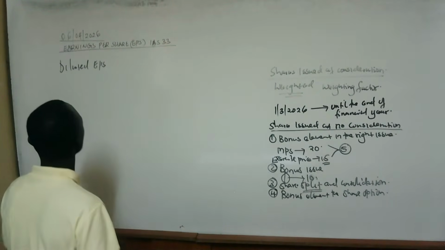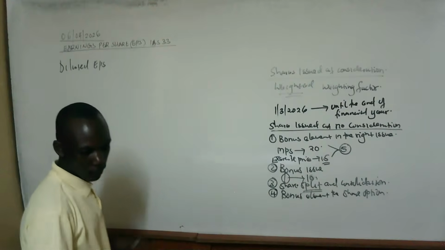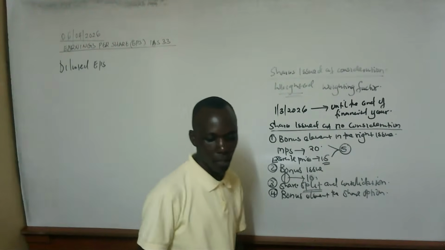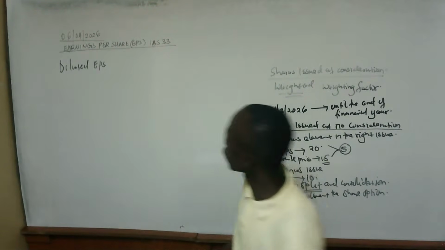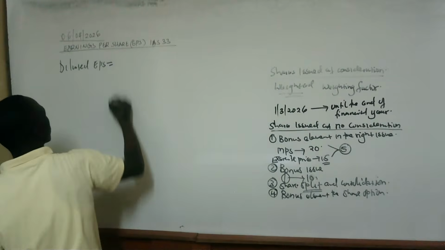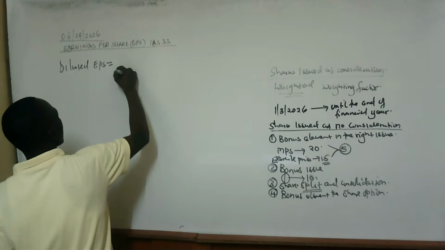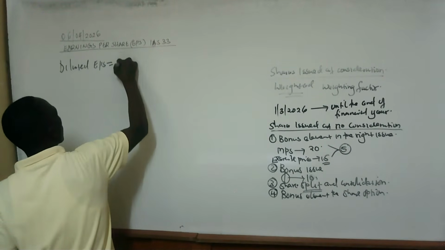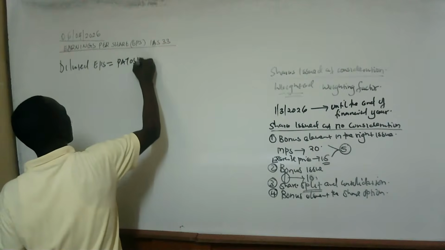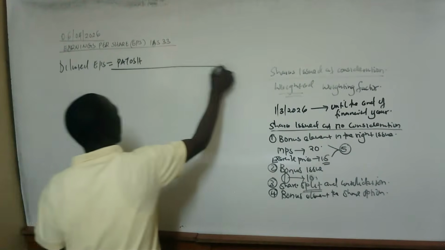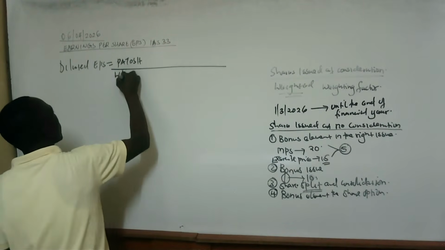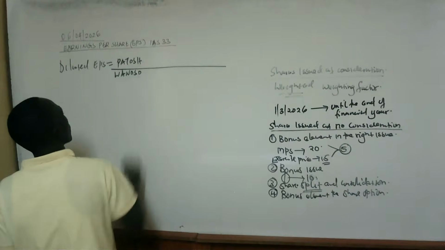And the question that you ask yourself is, how do we get the diluted EPS? To get the diluted EPS, we normally take the earnings attributable, or the profit attributable, to ordinary shareholders. Then from there, we divide by the weighted average number of ordinary shares outstanding.